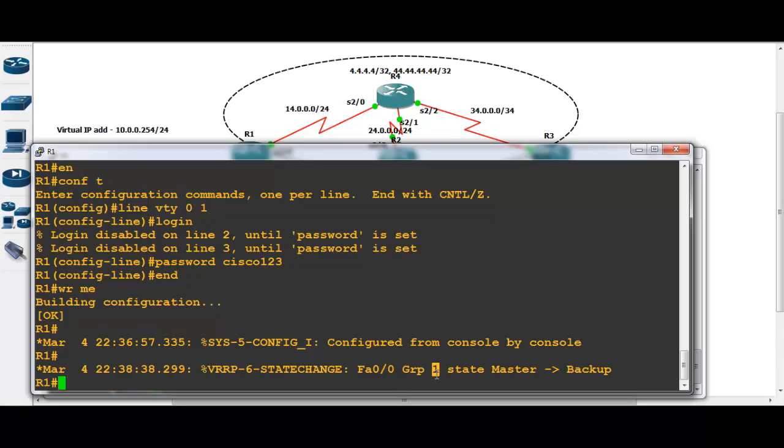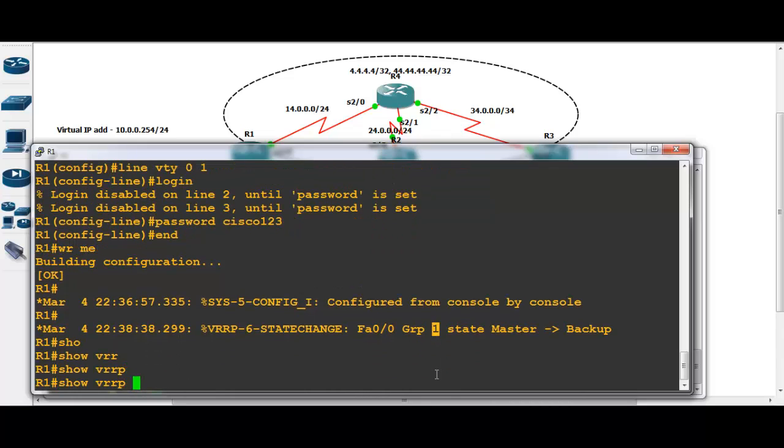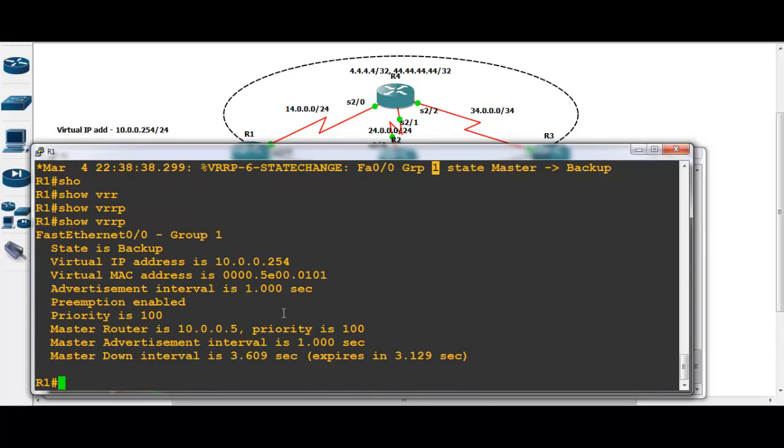So if I type show vrrp now on the first gateway, I see this one showing as backup, and it shows the master is not me, it is 10.0.0.5.